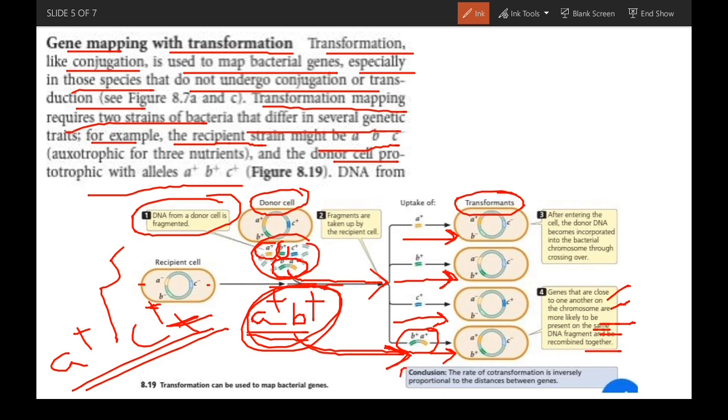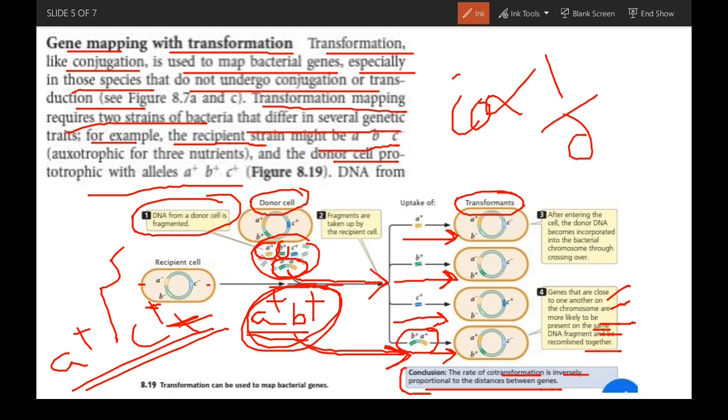So it concludes the rate of co-transformation is inversely proportional to the distance between genes. So if two genes are being transformed together, it is inversely proportional to the distance between them.